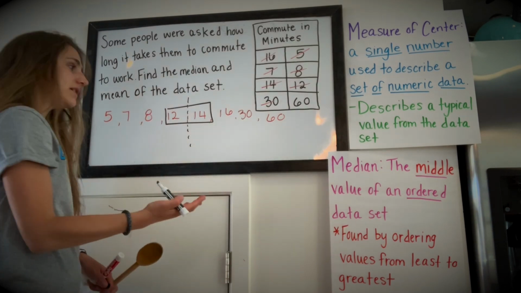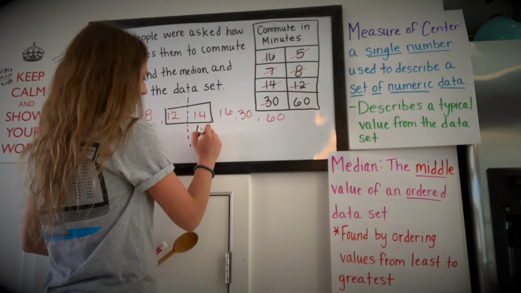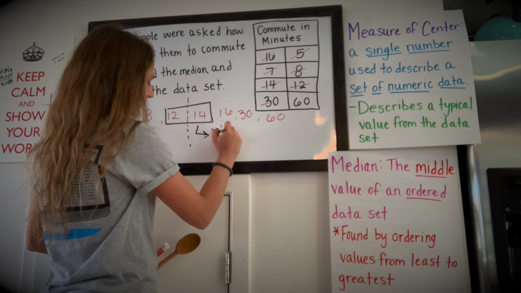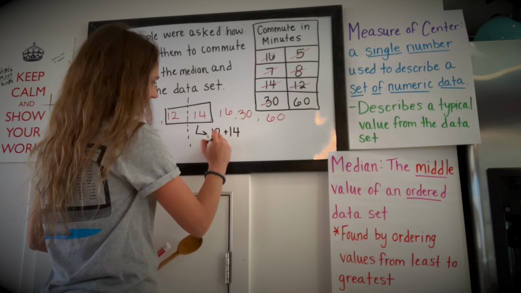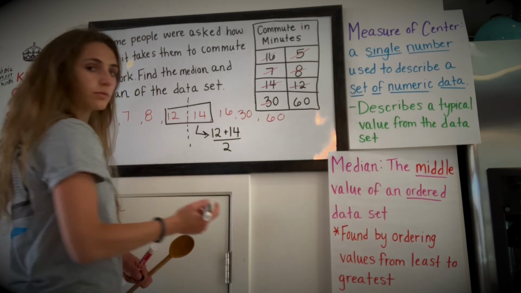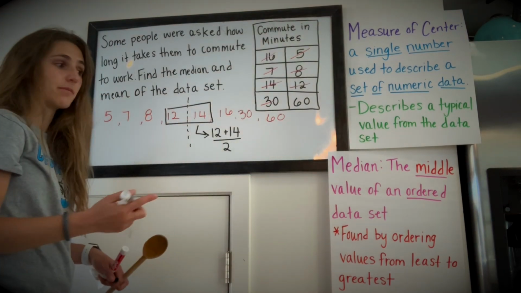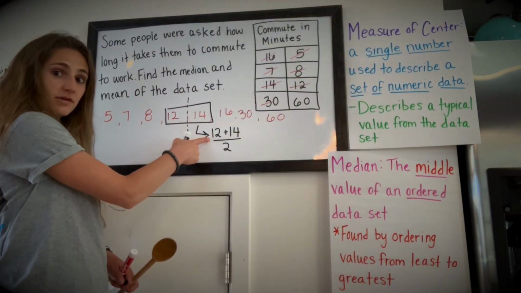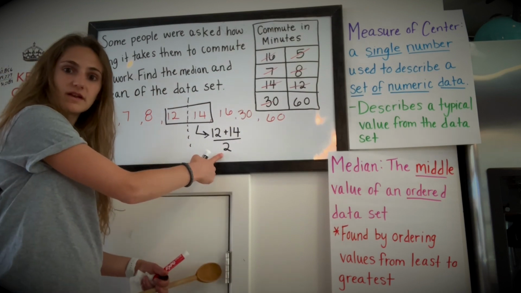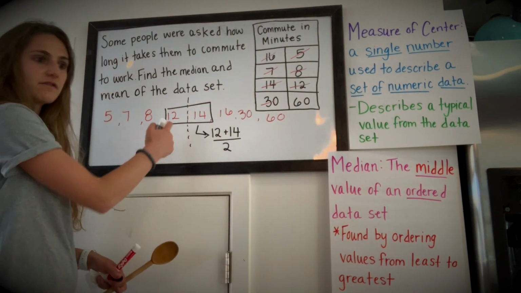So when this happens, we need to add 12 and 14 together and divide by 2. Basically, we are taking these two data values and finding the mean of them. We're finding the sum of 12 and 14, and we're dividing by the number of data values. In this case, there are only 2 data values.